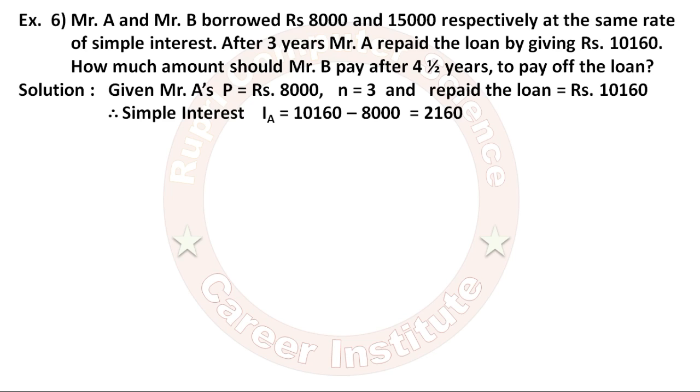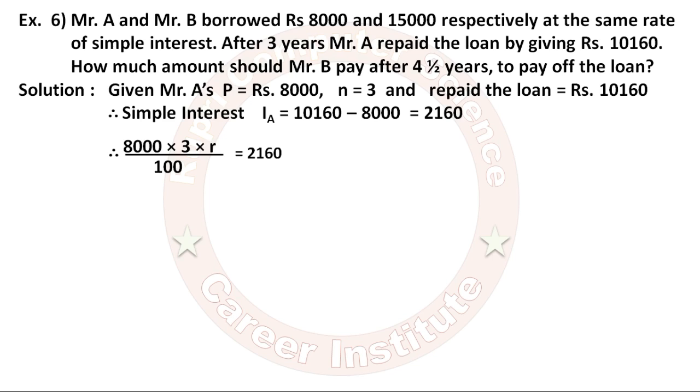P is 8,000. Therefore, 8,000 into 3 into R divided by 100 is equal to 2,160.